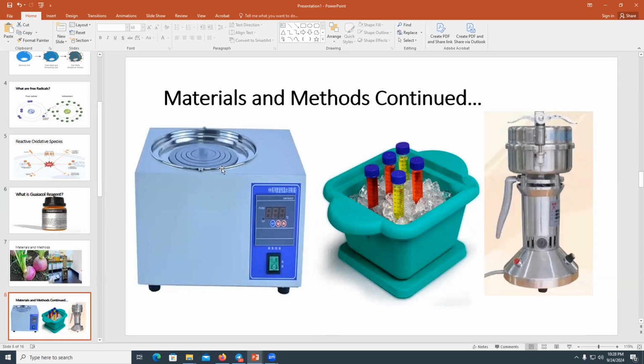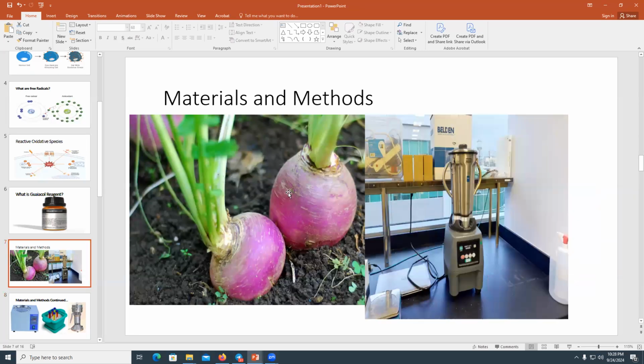We heat it up, we boil it. When we heat it up, all of the other enzymes that will interfere will denature. But peroxidase is actually heat resistant, so it will survive. So now we have eliminated all the other outliers, all the other enzymes that could be in this plant. And you know plants, why do plants have peroxidase? Because they too don't want oxidative stress.